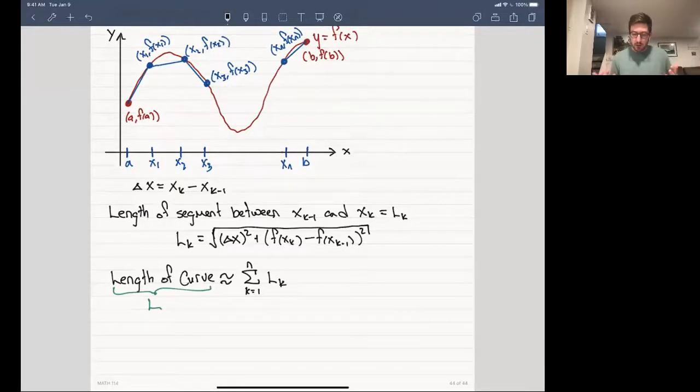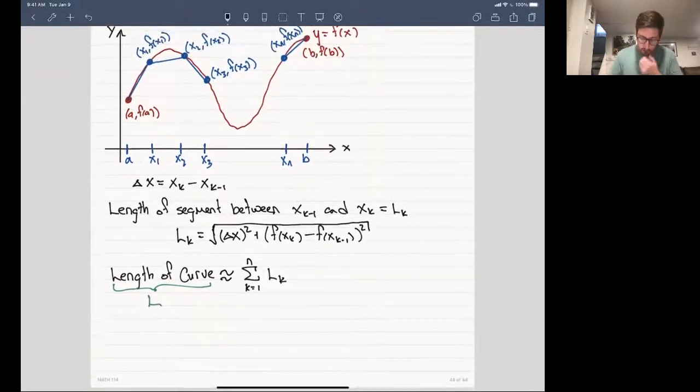And the question is, what happens as we let delta x go to 0? Because this is now starting to feel like a Riemann sum. But we don't have that delta x on the back end, right? So it's not quite there. There's still a little bit more work we need to do.